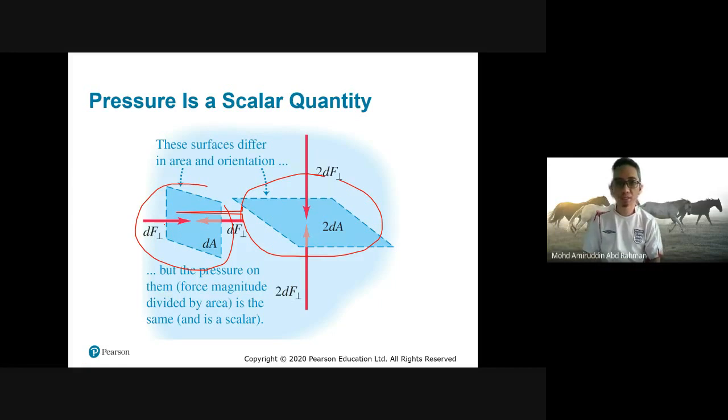It is still a similar pressure, because you relate back to the previous equation, P equals F over A. Even though this one is F over A and this one is 2F over 2A, it is still a similar pressure.